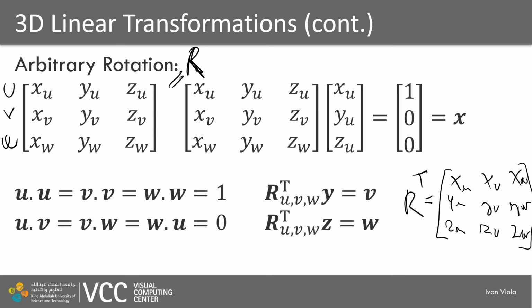So we are rotating with the R matrix the u, v, and w axes into the x, y, z canonical coordinates, and with its inverse matrix, obviously, the canonical coordinates we can rotate into the u, v, w vectors. This will be very handy for creating a rotation around an arbitrary axis.